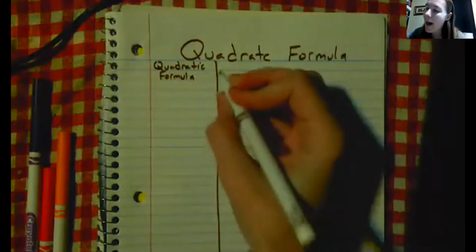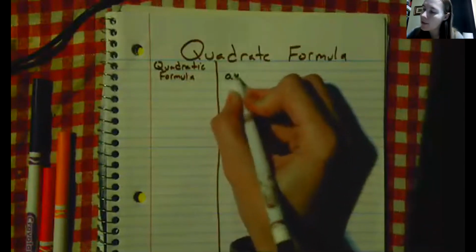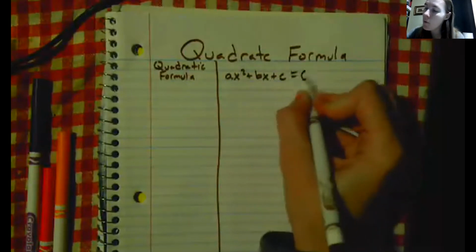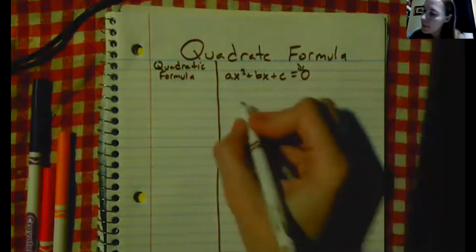So the quadratic formula is if you have your standard form, so your ax squared plus bx plus c equals 0. So that's a big thing, it has to equal 0. Then this is the quadratic formula.